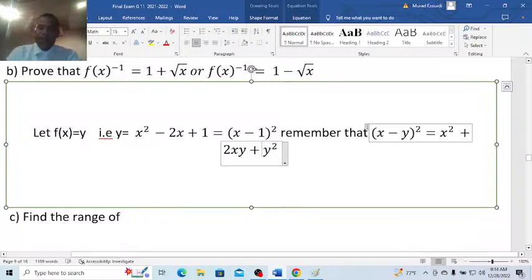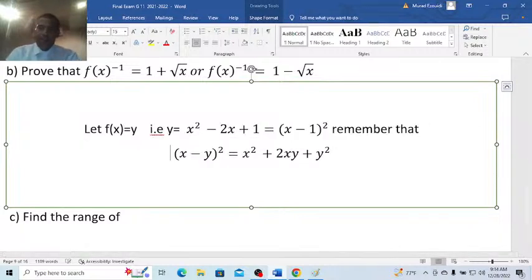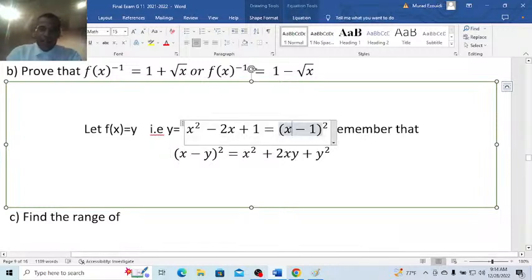This is the formula, derived from binomial expansion. Therefore here this is x squared, minus 2 times x times 1, which is minus 2x, plus 1 squared, which is 1. Therefore I will now write y is equal to x minus 1 all squared.